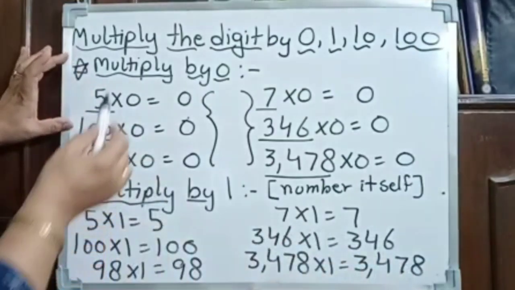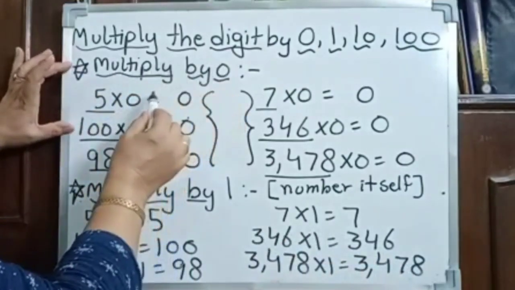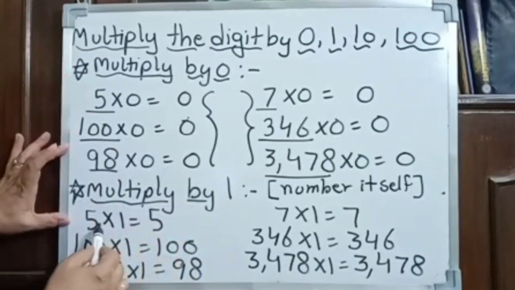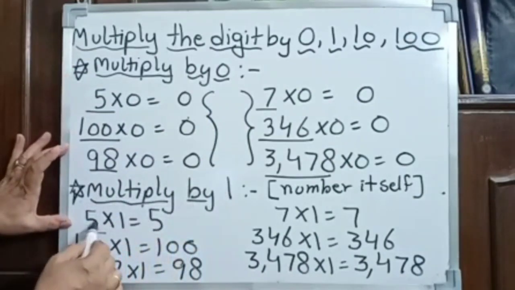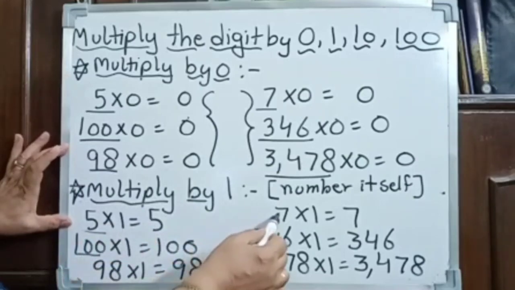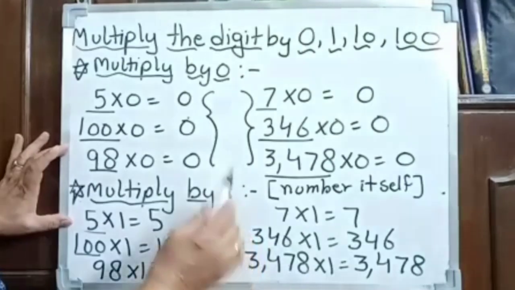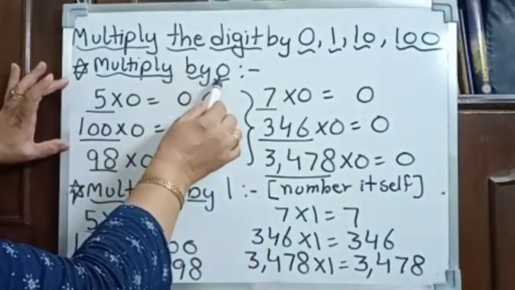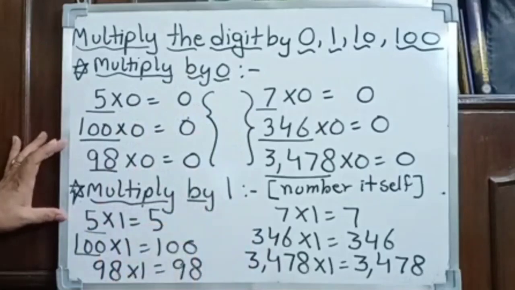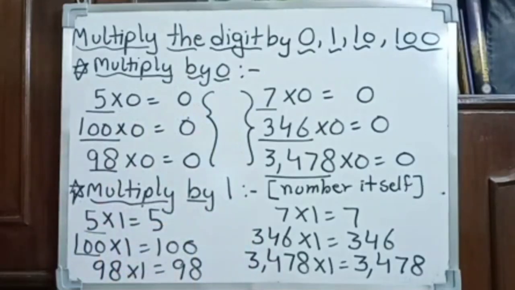So now clear: multiply by 0, answer is 0. Multiply by 1, the answer is the number itself. Always remember this.